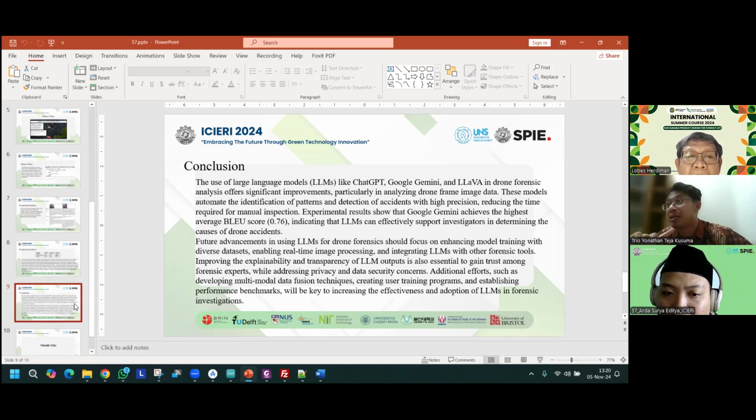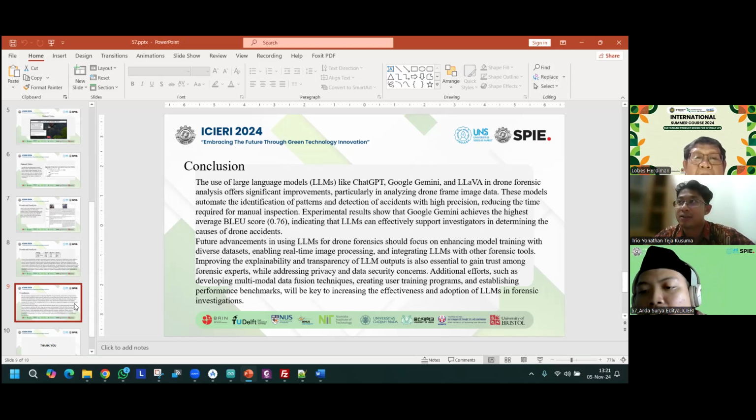Improving the explainability and transparency of LLM output is also essential to gain trust among forensic experts, while addressing privacy and data security concerns. Additional efforts, such as developing multimodal data fusion techniques, creating user training programs, and establishing performance benchmarks, will be key to increasing the effectiveness and adoption of LLMs in forensic investigation.